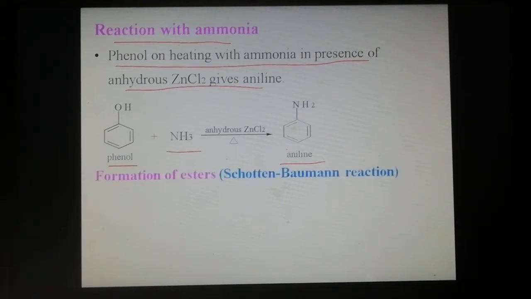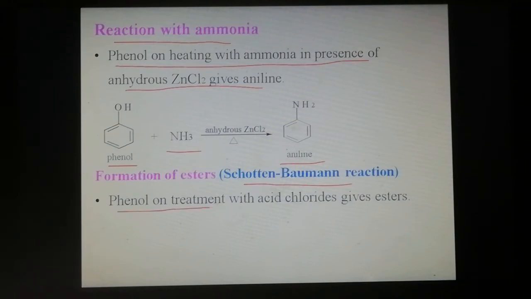Then next one, ester formation reaction: the Schotten-Baumann reaction. Naming reactions are very important. In this reaction, esters are formed from phenol. Phenol on treatment with acid chloride gives ester.